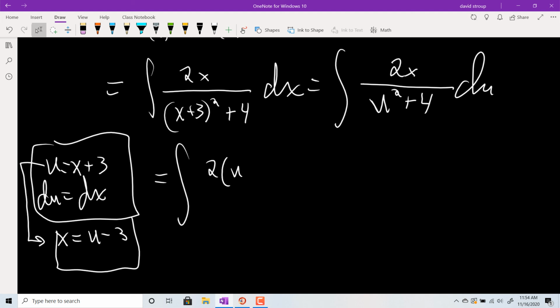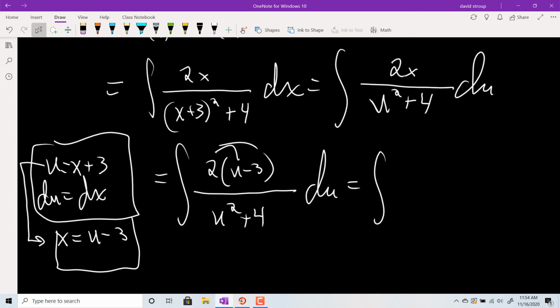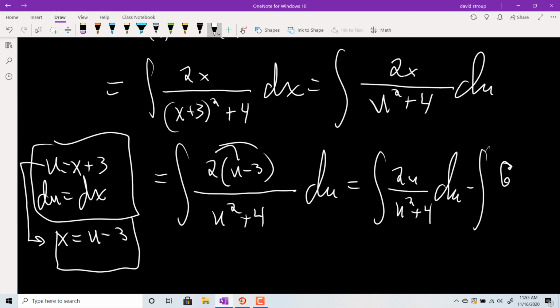So 2 times u minus 3. But then I need to butterfly into 2 new integrals. So I'll have the integral of, if you distribute, 2u all over u squared plus 4. So I'll need to do a u sub on that guy, and then minus, in this case, the integral of 6 all over u squared plus 4, which is an arctan integral.